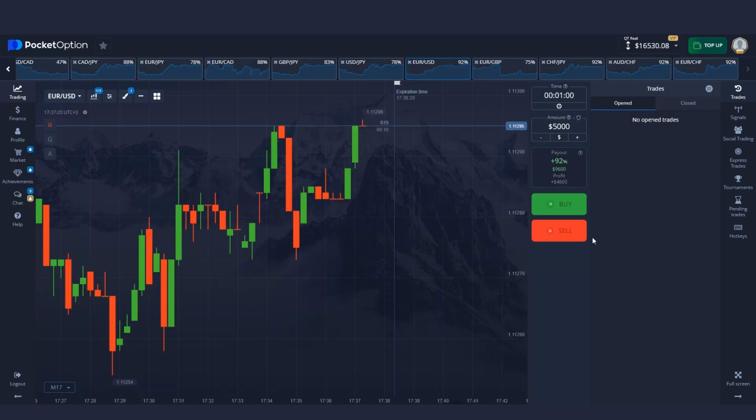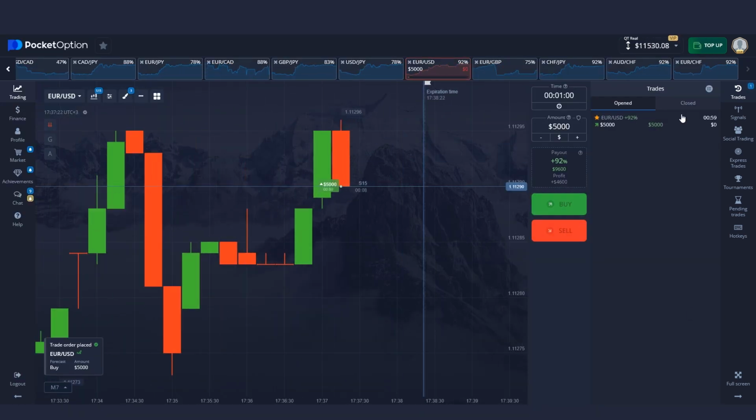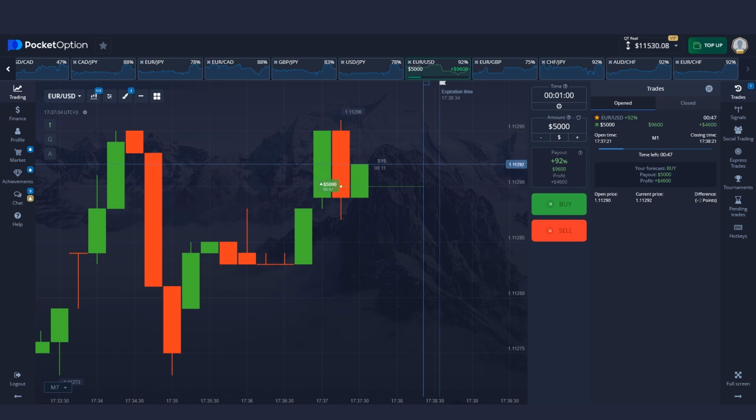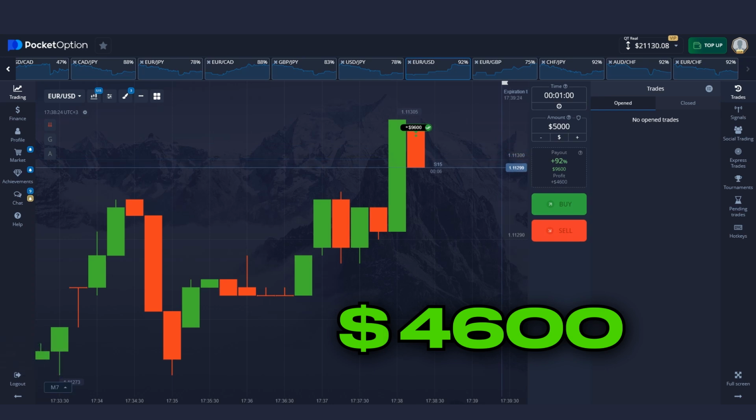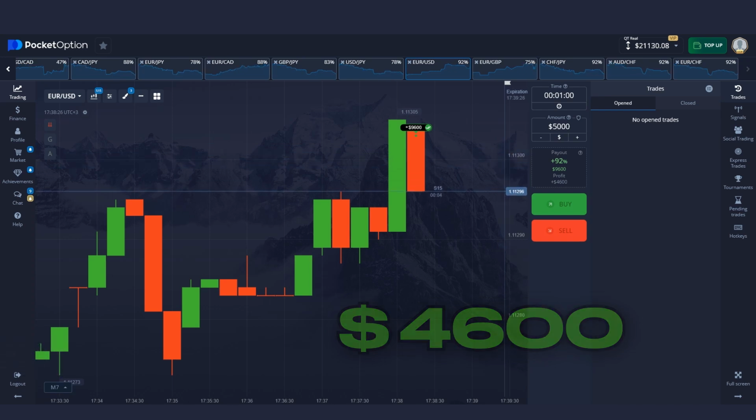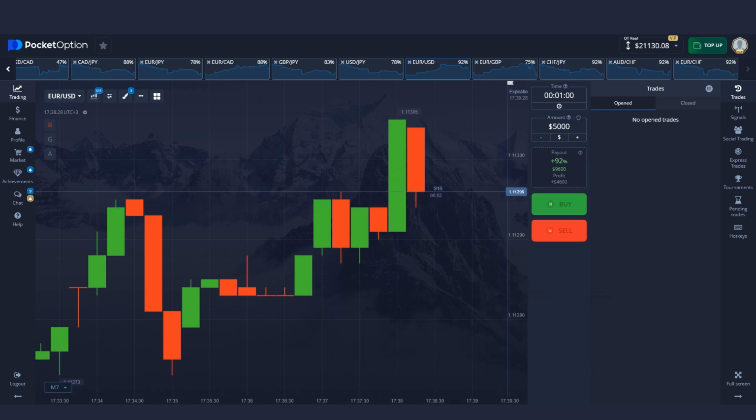And I get a buy signal and immediately open my buy trade. Great final deal brings me another $4,600, and as you can see, from 3,000 bucks I made $21,000 on my balance. This means that for this video I earned $18,000 with the help of BoosterBot.